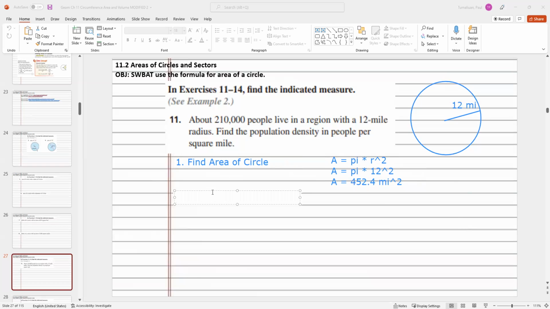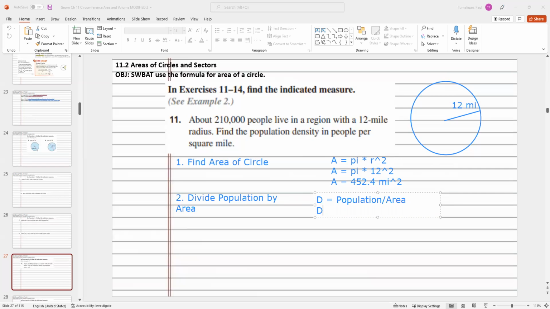Okay, so now divide population by area, and that's it. Population density, let's just say D. D equals the number of people, population, divided by area.